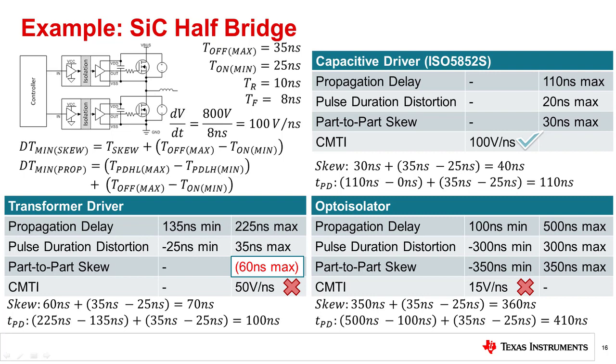In order to use the transformer driver or the optoisolator with confidence, an external gate resistor must reduce the rise and fall time, bringing the slew rate within the component limitations. Consequently, the turn-on and turn-off time assumptions may be violated, requiring the propagation delay calculations to be recomputed.